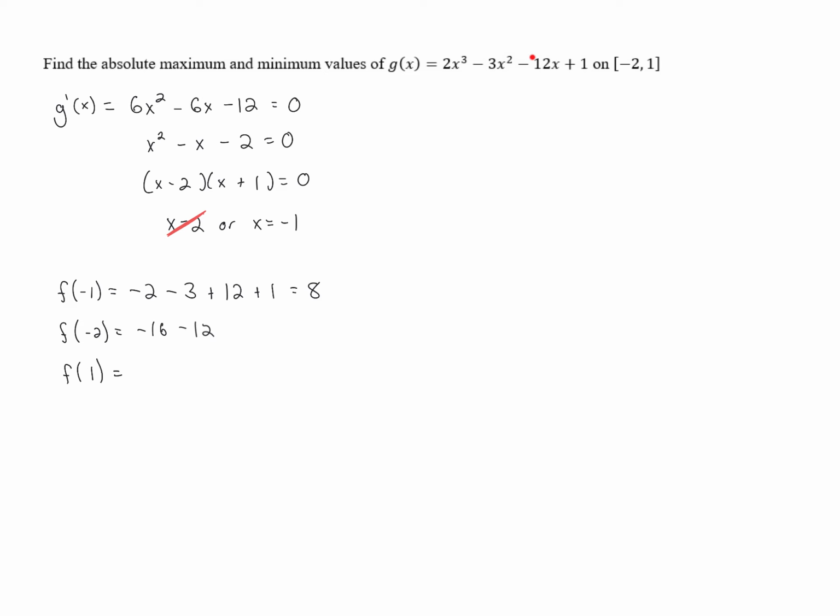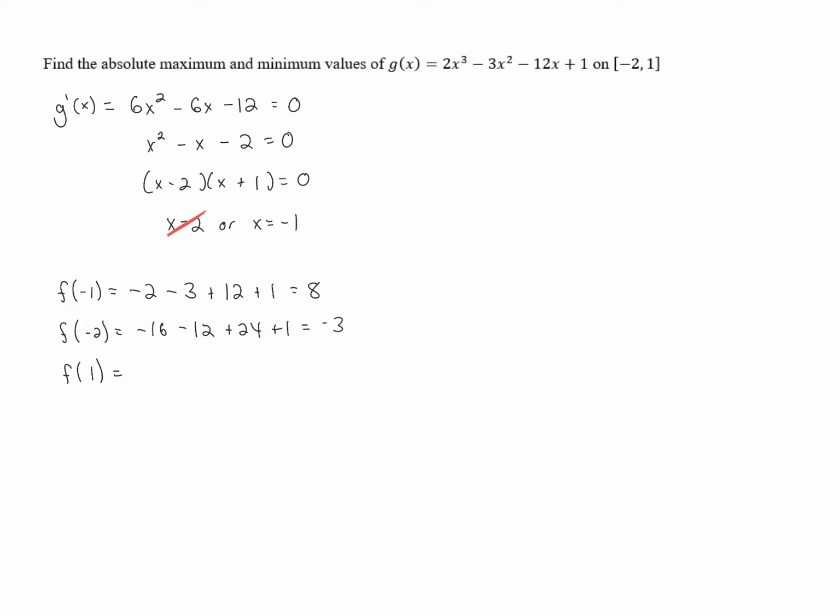Then -12 times -2 is +24, and we also have that +1. I'm going to start in the middle. -12 plus 24 is +12. 12 minus 16 is -4. And when we add 1 back in, that gives us -3. So that is our next value.